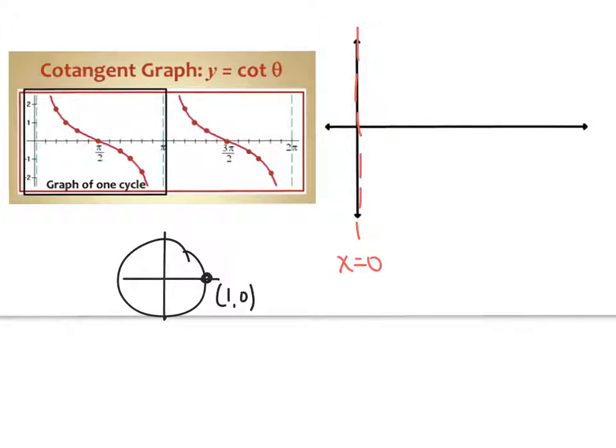Just a heads up, the cotangent curve is going to be a phase shift of the tangent curve. Everything is going to shift to the right by a value of pi over 2. And then there's one other thing that's going to change, and that is the cotangent is going to be a flip. All right, so then what is cotangent of pi over 2 if we have the point 0, 1?